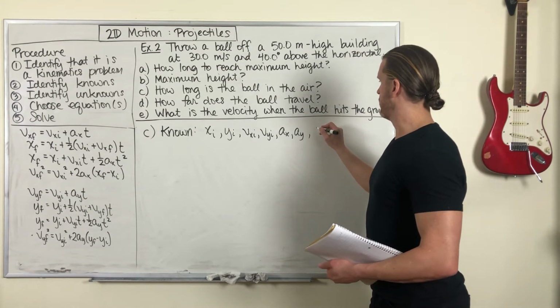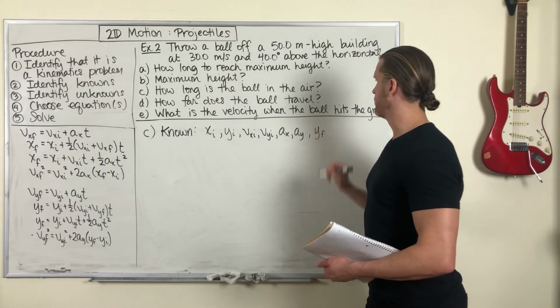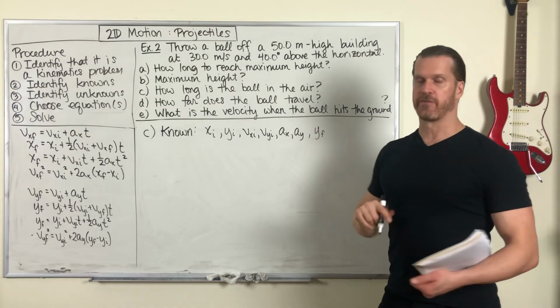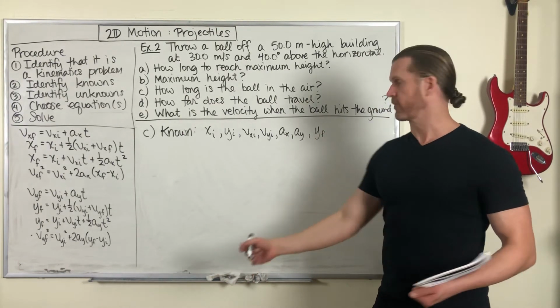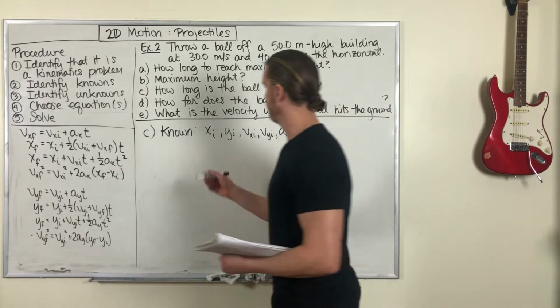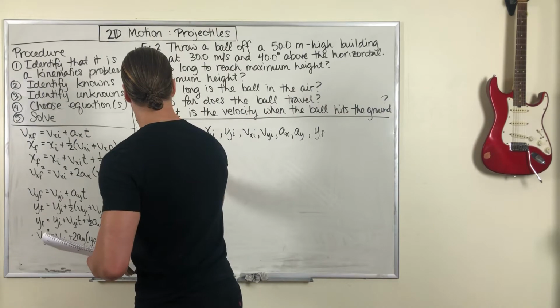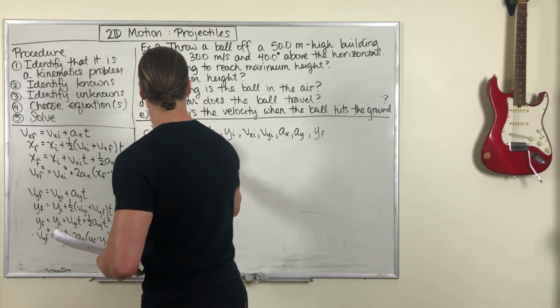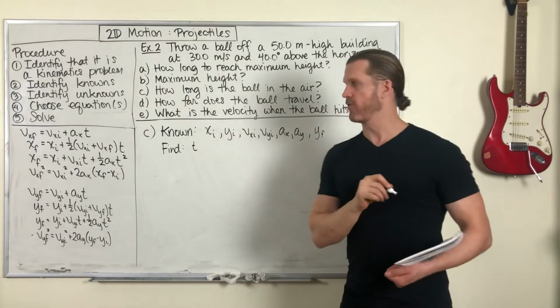And we also know y final, because the final scenario now is when the ball hits the ground, so y final will be 0. We're trying to solve for the time, that's our unknown.